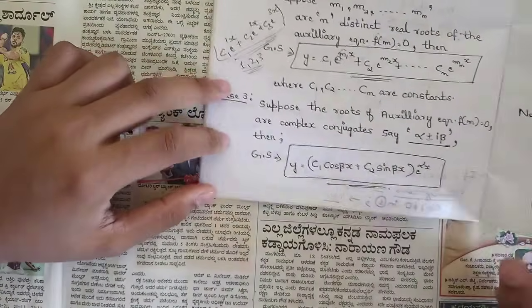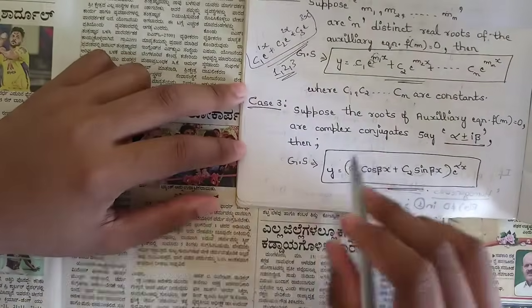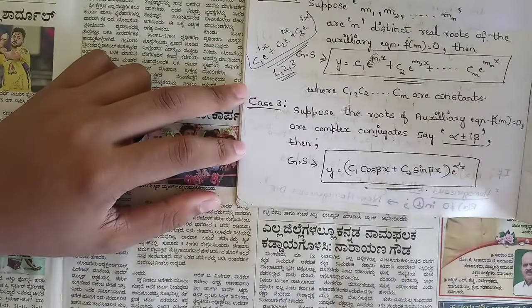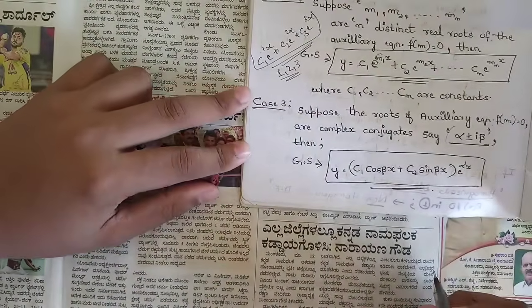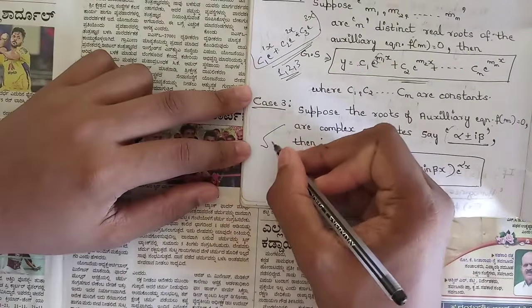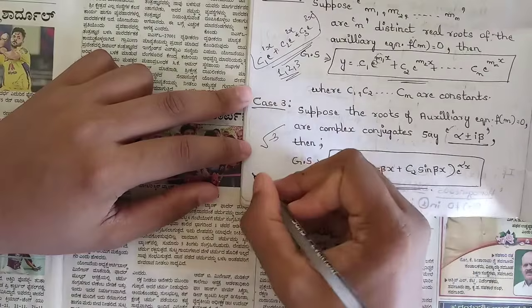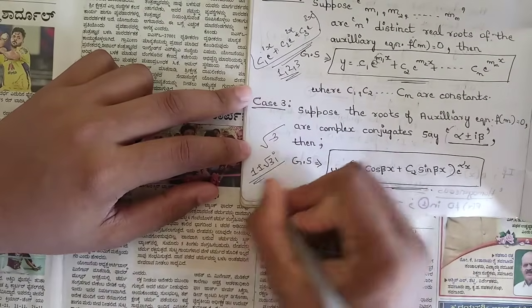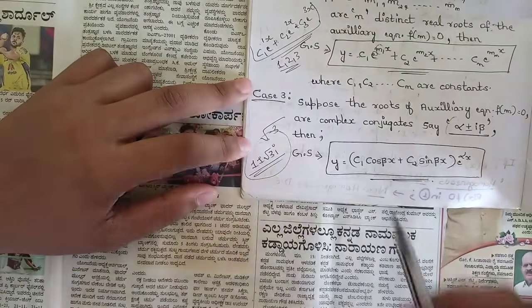This is the third case: suppose the roots of the auxiliary equation f of m equal to 0 are complex conjugates, of the form alpha plus or minus i beta. Sometimes, if the root inside is a negative number, we get the final root in this form. For example, 1 plus or minus root 3 i.